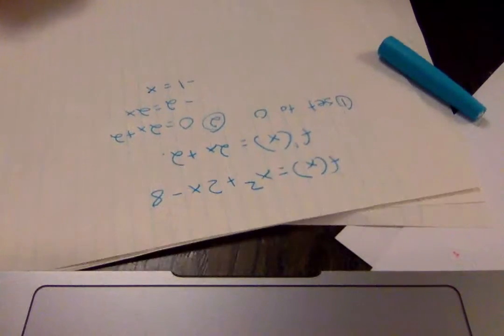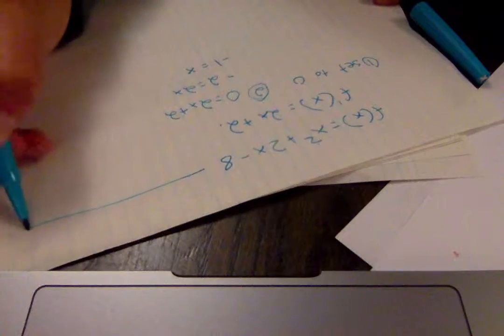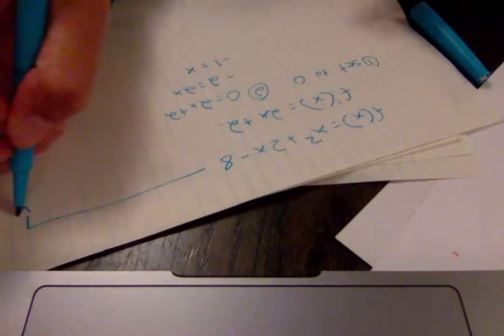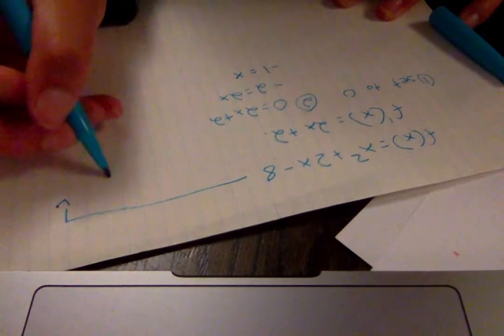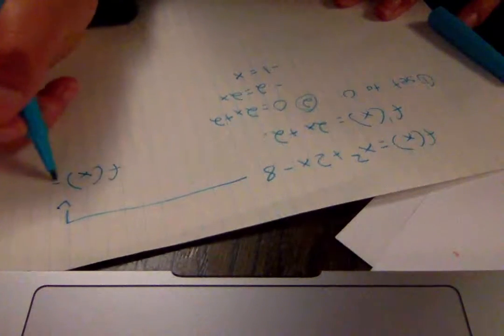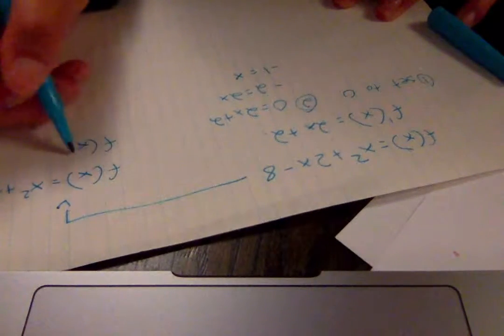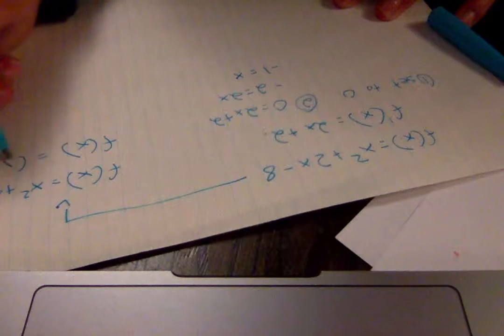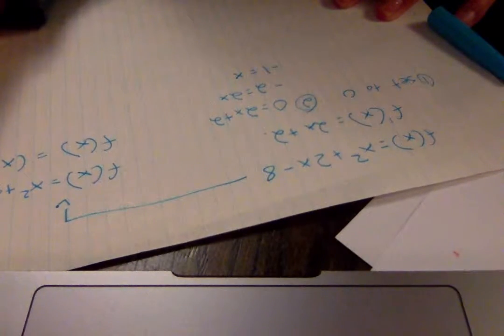Now we're going to use the function again to find the roots so we can graph this. We take the function f of x equals x squared plus 2x minus 8, and from there we can get f of x equals x plus 4 times x minus 2.